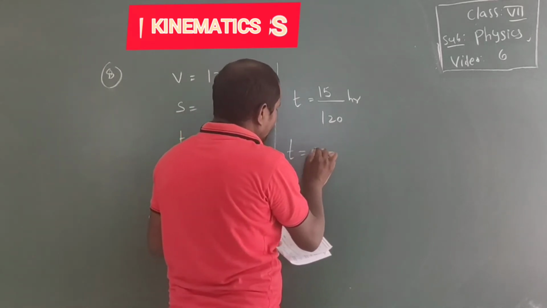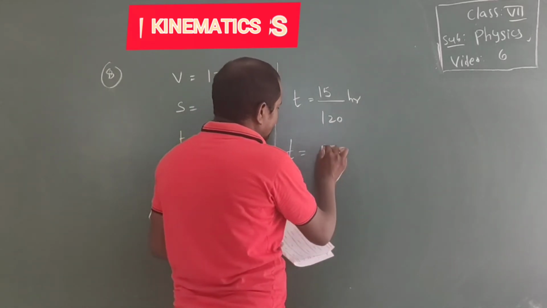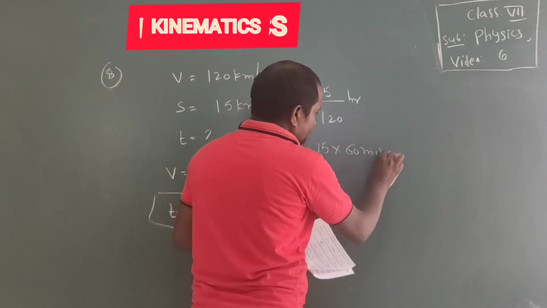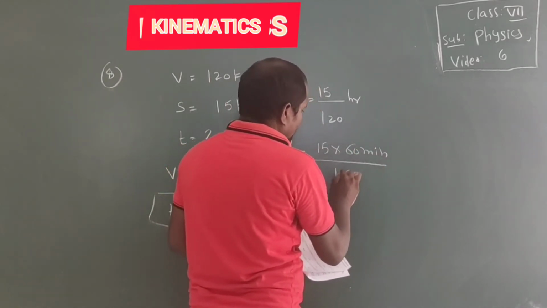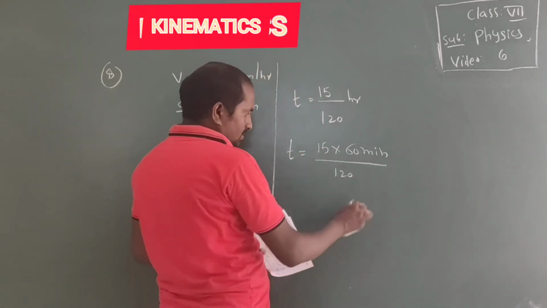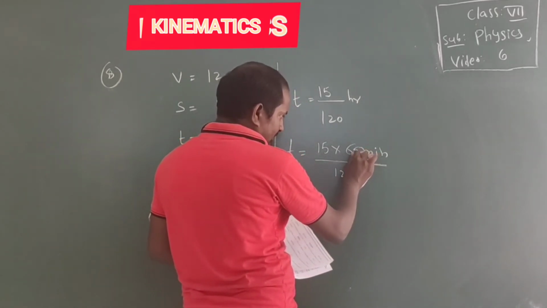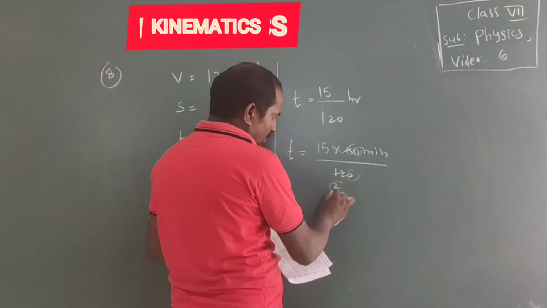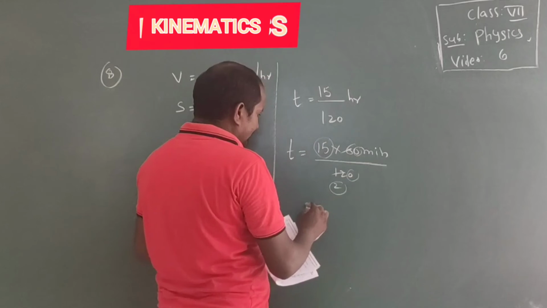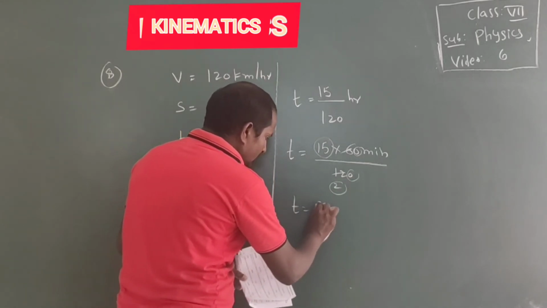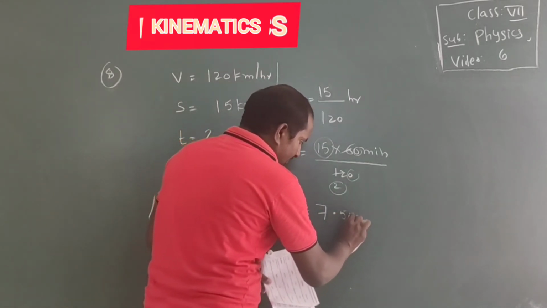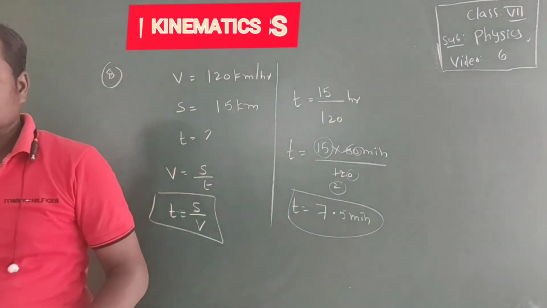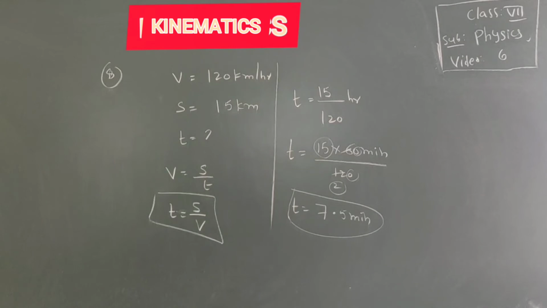So 1 hour equal to 60 minutes. So we can write here 15 into 60 minutes by 120. So here the zeros get cancelled. 6 ones here, 6 twos, 2 ones here, 2 7.5. So here t equal to 7.5 minutes.